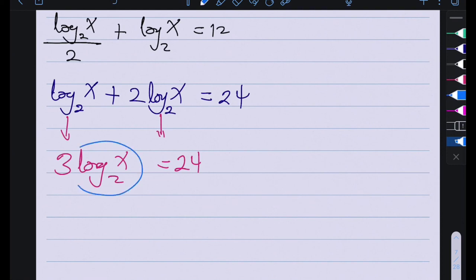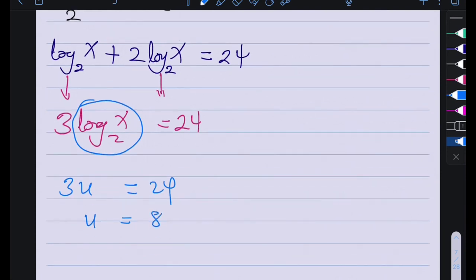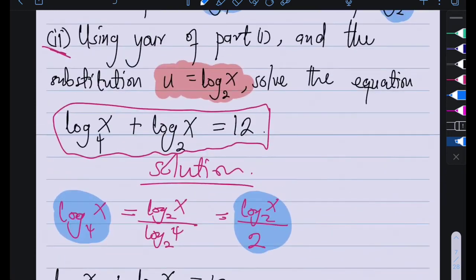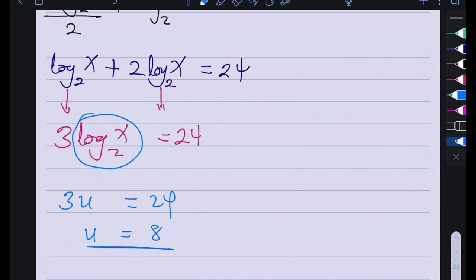We are told that this particular thing is u, so we are going to get 3u is equal to 24. 24 divided by 3, what is that? Is it 6, 7? It's 8. But you are solving it. They said solve, so this is not the answer.